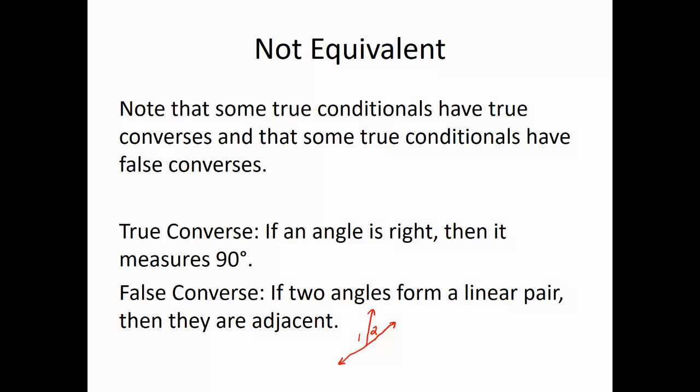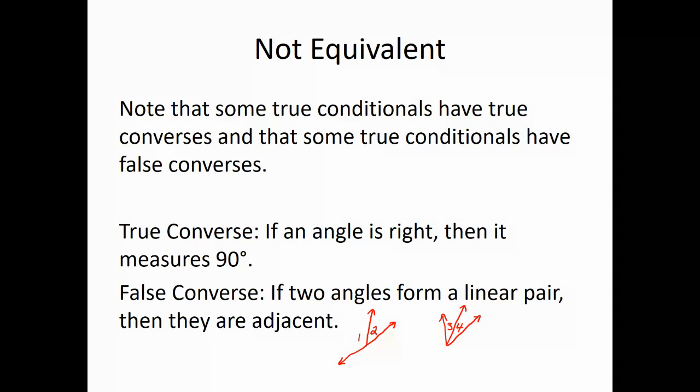But now consider the converse of that conditional statement. The converse would be, if two angles are adjacent, then they form a linear pair, which is clearly false because, well, consider this. Angles 3 and 4. They are clearly adjacent because they share a common side and their interiors do not overlap, but they are not a linear pair.